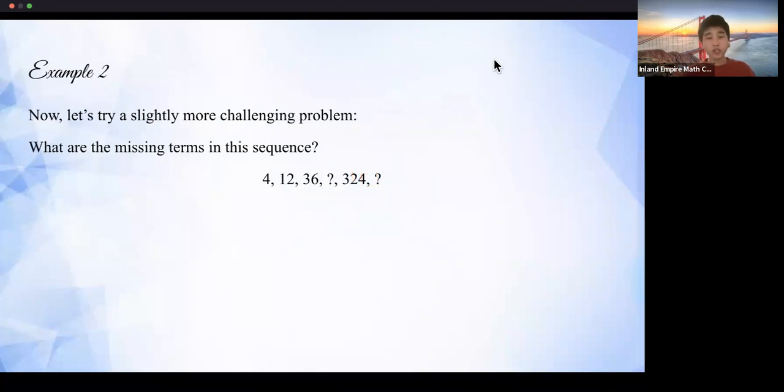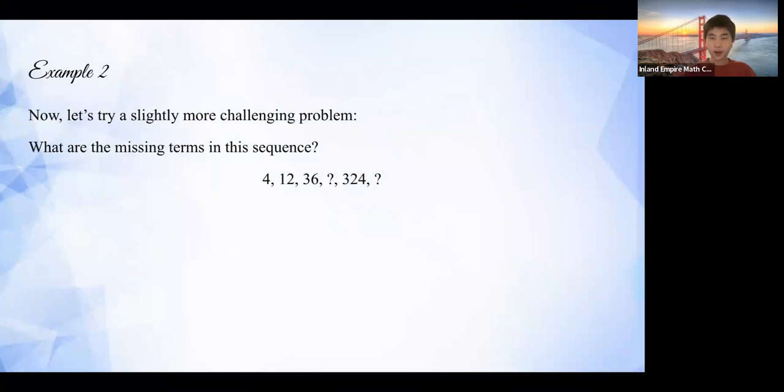Let's try a slightly more challenging question. This time you have two numbers to fill in. Let's see if you guys can manage to solve this problem.